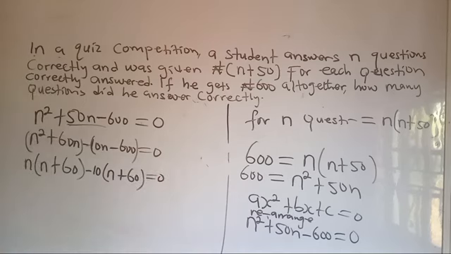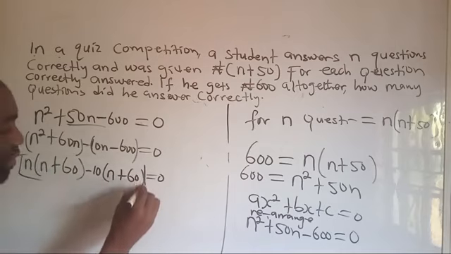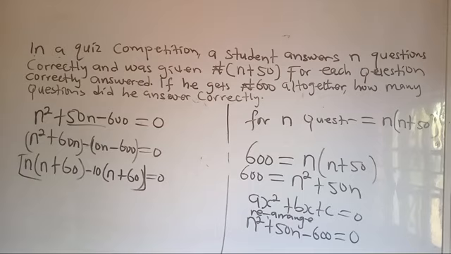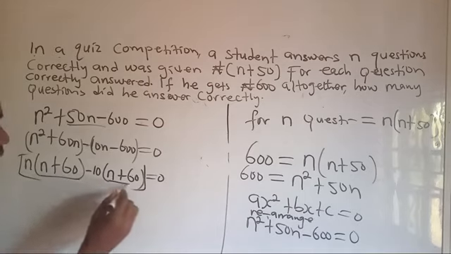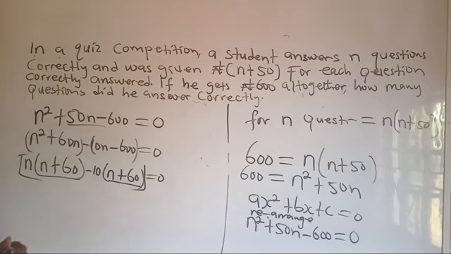So now let's have this big equation bracket outside of them. You notice that the two brackets are the same inside. Since the two brackets are the same, we decide to bring one out. So n plus 60 out.